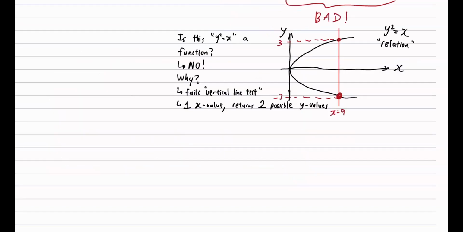Here's another example. Let's say we have y equals 1 over x minus 2. Here is x equals 2. Then here is how the graph looks.